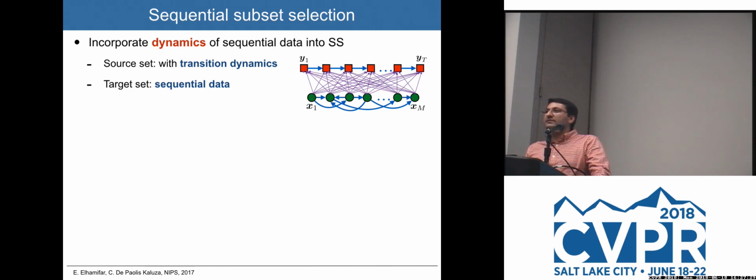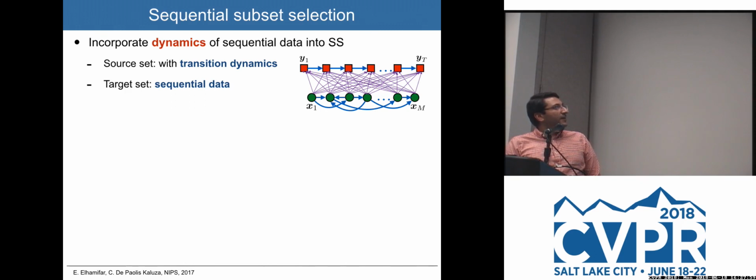Because, as I'm going to show in the case of procedural learning from instructional data, it's very important that we not only recover the sequences of key steps or key actions that need to be performed in order to achieve a certain task, but that the ordering is also recovered. So let's generalize the facility location now to the sequential subset selection.